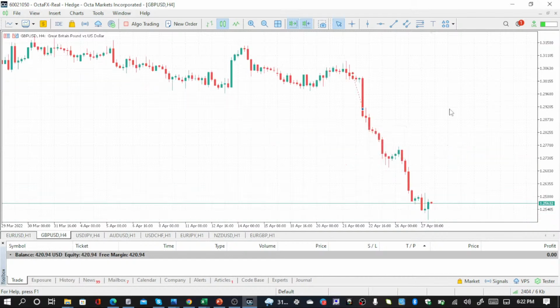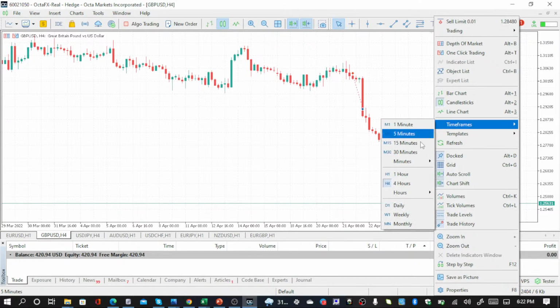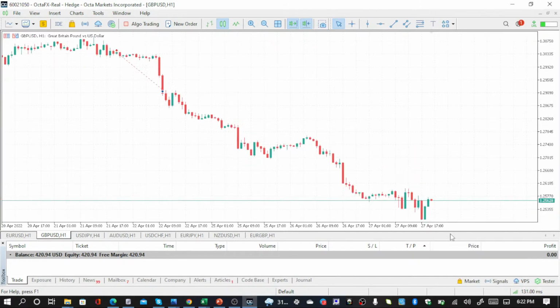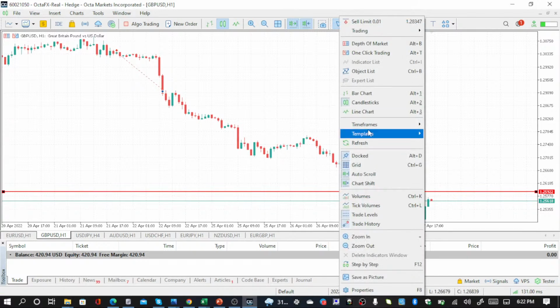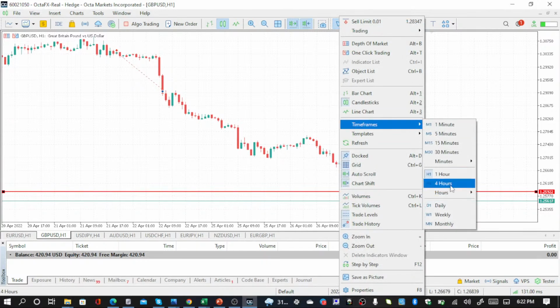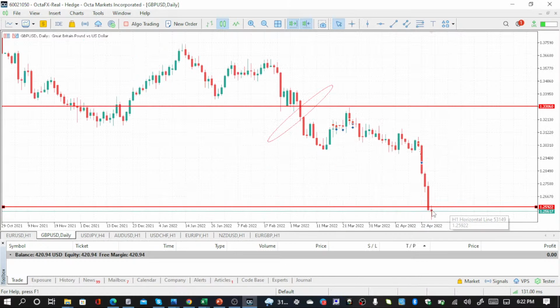Okay, so here let's look at the 1 hour time frame. Here you might see a good short position at this level. Now, why I said a good short position at that level is because when you go to the daily time frame, you see the bearish power of yesterday's movement.